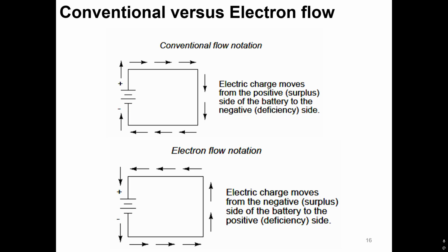Next we have conventional versus electron flow. Just now we have seen that current is nothing but the flow of electrons in one specific direction, right? But before the discovery of this concept, people thought that current was some invisible fluid that moved from higher potential to lower potential, just like a fluid that moves from a high pressure to a low pressure region.